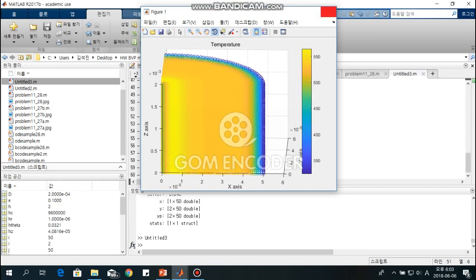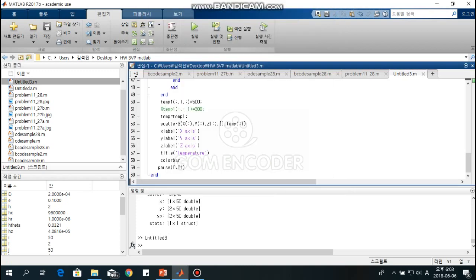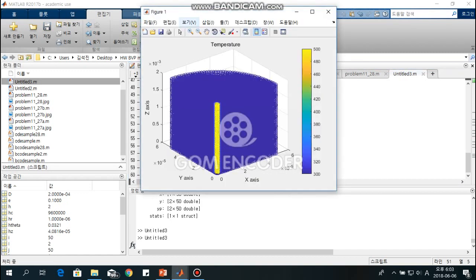If we put one more condition, that at the first of the height the temperature would be 300 Kelvin by a reservoir, the result is like this.